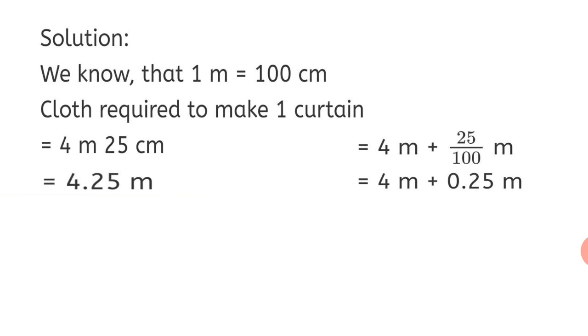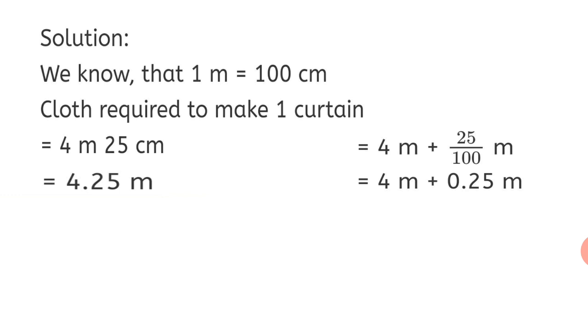See the rough work, or you can add it as a step also. 4 meter 25 centimeter is equal to 4 meter as it is plus 25 upon 100 meter. We are converting it into meters. So 4 meter plus 25 upon 100 is 0.25 meter, which is equal to 4.25 meter. You can write directly 4 meter 25 centimeter equals 4.25 meter.